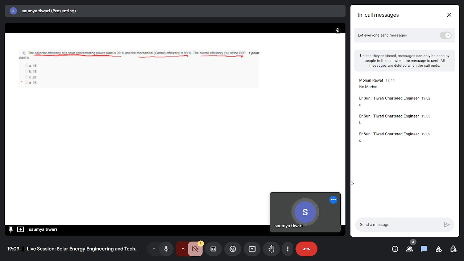Let's see this question also. What's given in the question is the collector efficiency, which is 28%, and the Carnot efficiency or mechanical efficiency, given as 90%. We already know that the overall system efficiency for a thermomechanical plant is the collector efficiency times the mechanical efficiency.